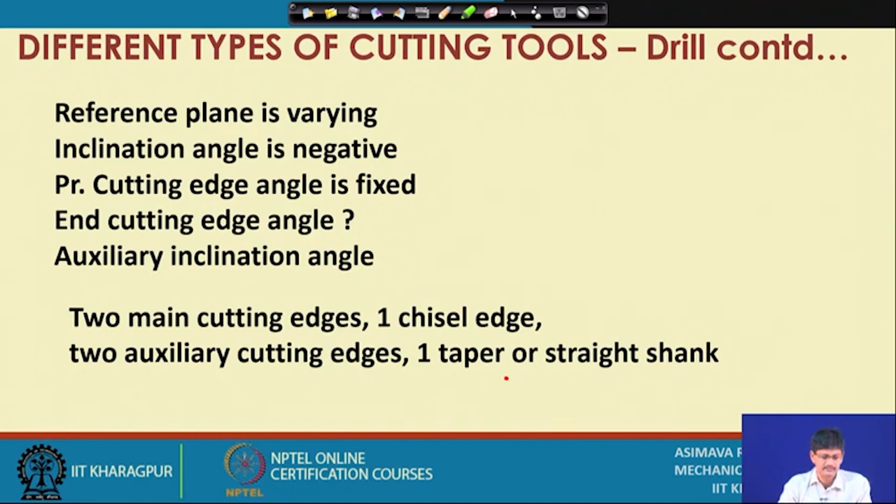Exact values we will deal with later. So, these are the main things we note about the drill geometry. My question is: what is the value of the end cutting edge angle in a twist drill with two flutes, and what is the value of the auxiliary inclination angle?